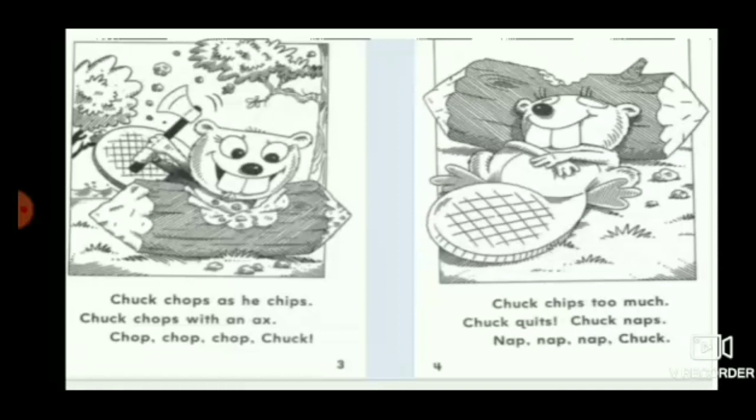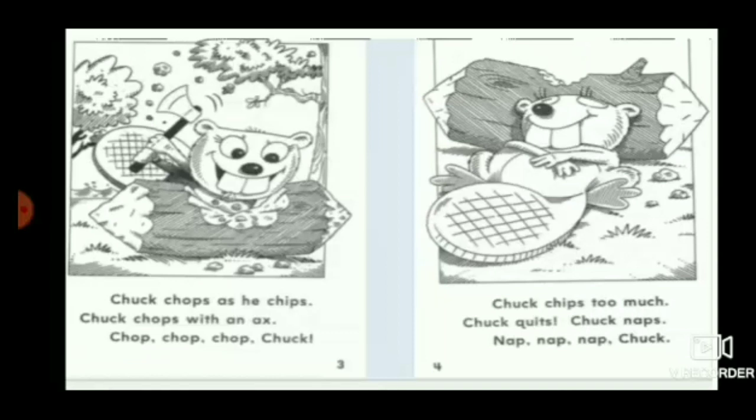Chuck chips too much. Chuck quits. Chuck naps. Nap, nap, nap, Chuck.